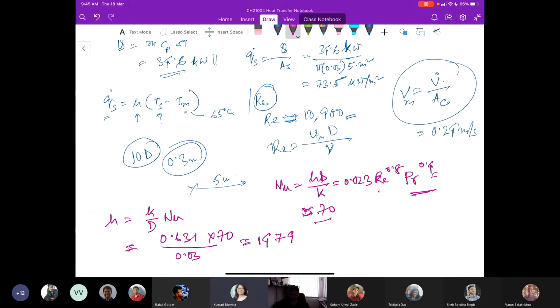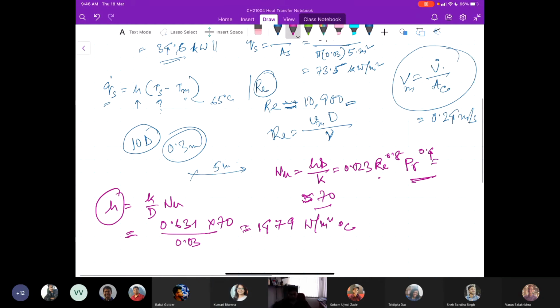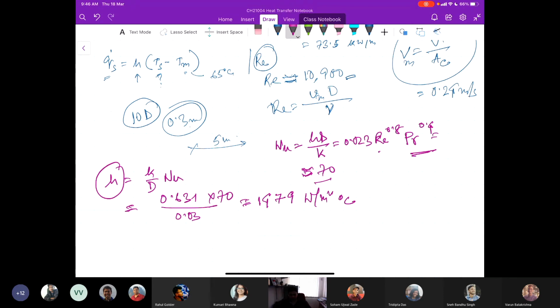And the unit for H? Unit of H should be watt per meter square degree C. So H is calculated, and then what?